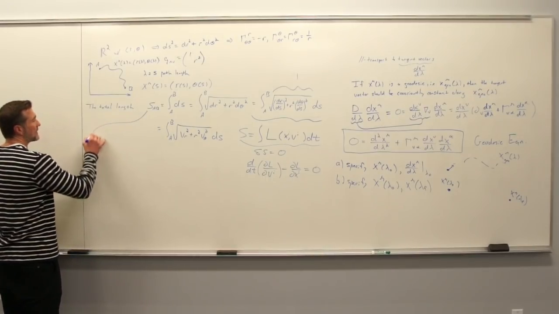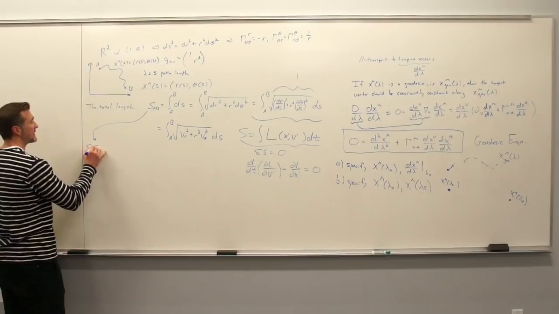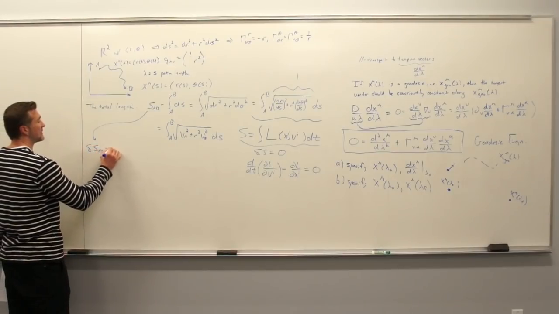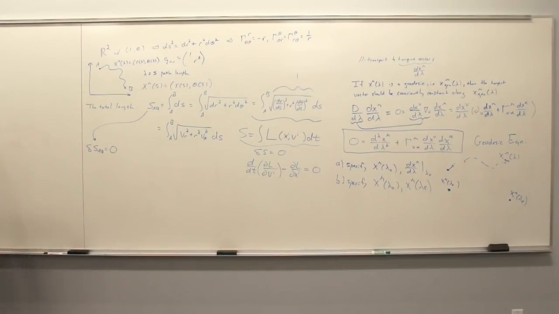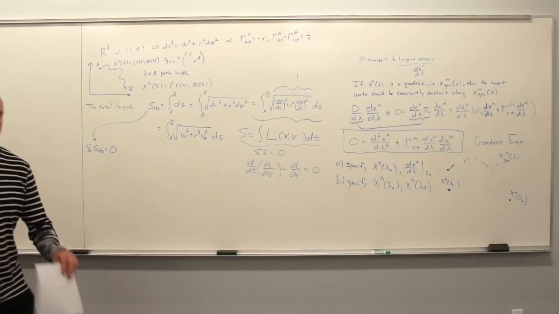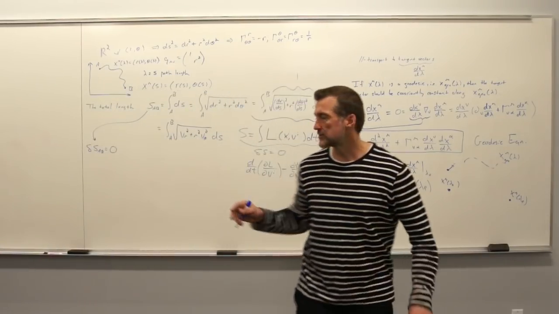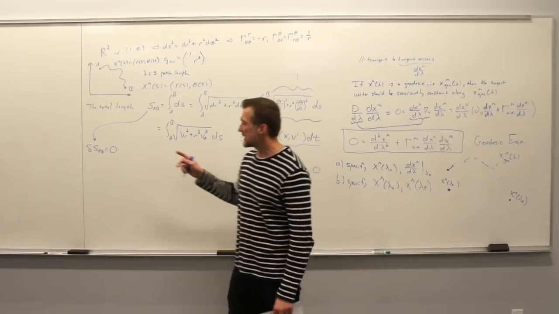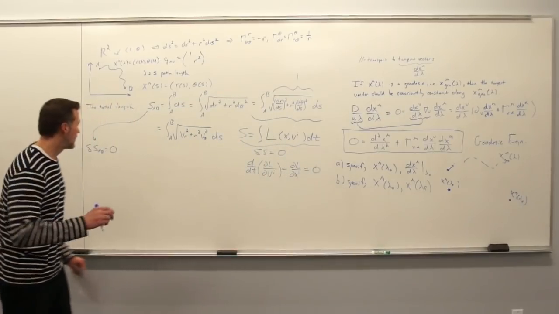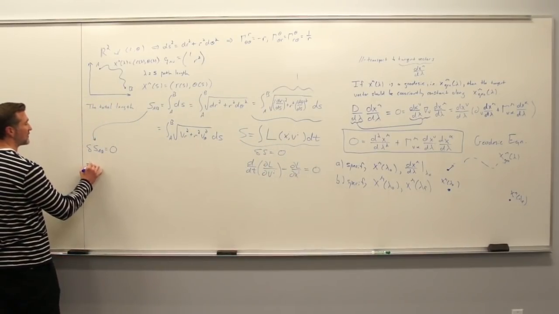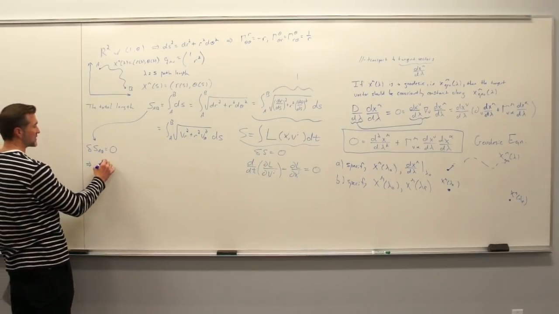So coming back here, if we want to say that we want to extremize the length, that is, take the functional derivative, the word functional is actually important there, of this thing and say that it's equal to 0, then this is going to lead me to an analog of the Euler-Lagrange equation. So let's just do that.